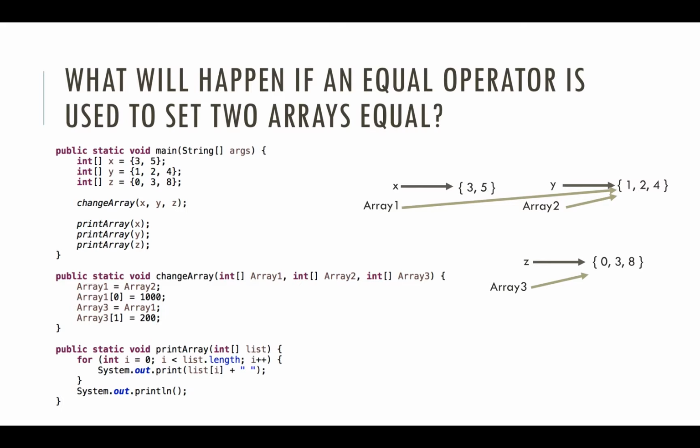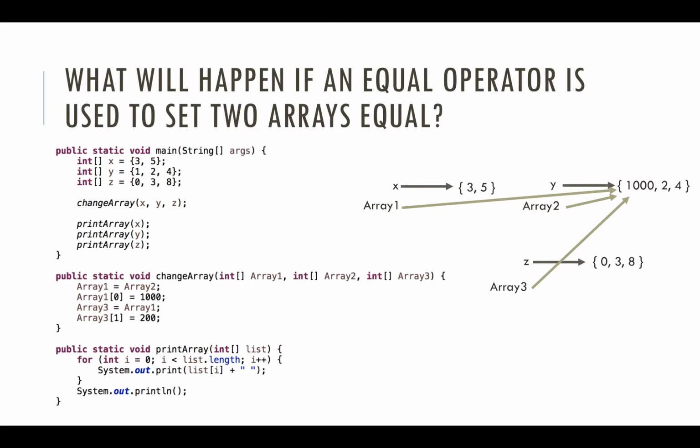Then, when we change the index 0 of array 1 to 1000, the change actually reflects in the location where array 1 and array 2 are both pointing to. Also, we have array 3 equal to array 1. What this means is that we copy the pointer where array 1 is pointing to and assign that pointer to array 3.